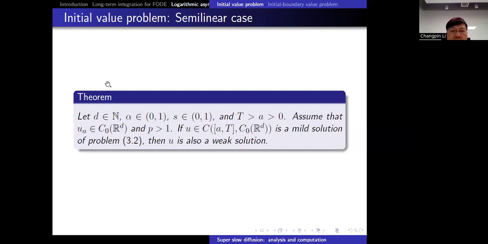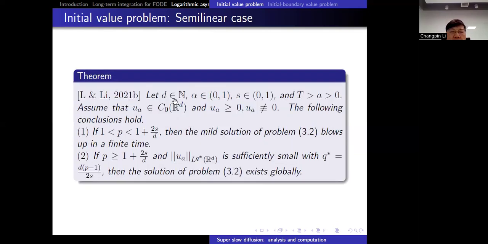So from this theorem, we can use various inequalities from the integration to determine the solution's behavior, for example, blow-up or global solution.